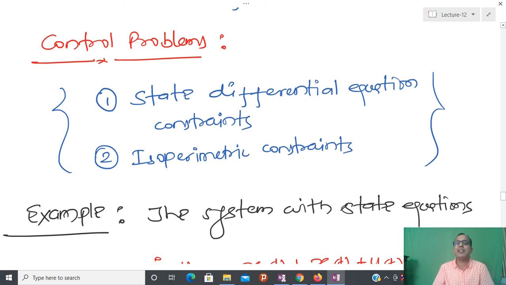The second one is the differential constraint. And after that we developed the theory for the isoperimetric constraint. What we observed is that by defining a suitable variable I can change the isoperimetric constraint into a differential constraint, and after that I apply whatever theory we learned in the previous class.